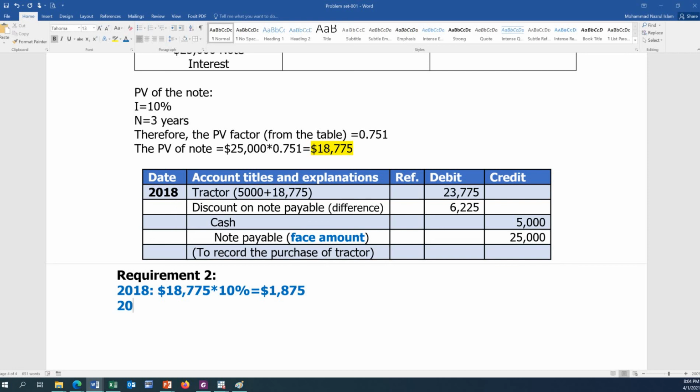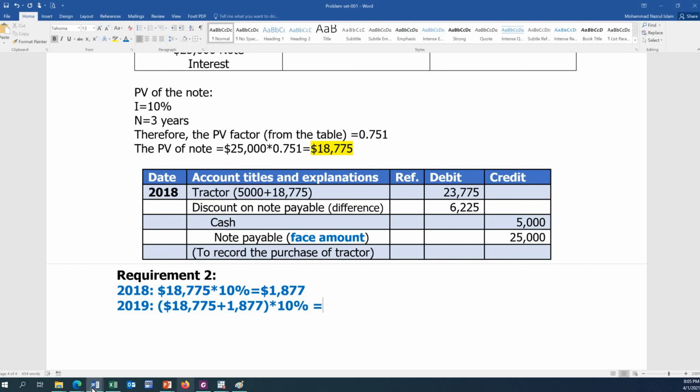And then in 2019, when we are calculating the amount of interest in 2019, we need to add the amount of interest we calculated in 2018. So that is 1,877, okay, multiplied by 10%.